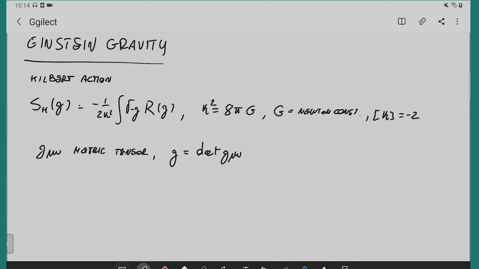Just to clarify the notation, in case you don't know or don't remember: this is the scalar curvature, R mu nu is the Ricci tensor. These are my definitions, because you can define it in a couple of ways. Of course, when you check papers on gravity, you will find all the signs different from your convention. But this is it.